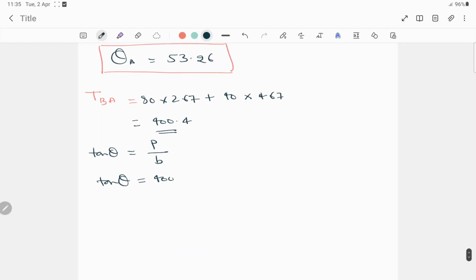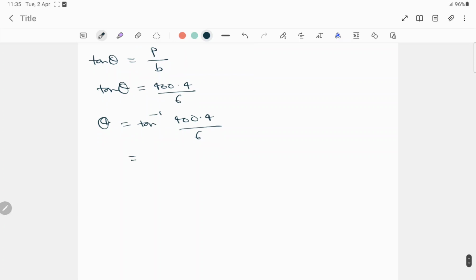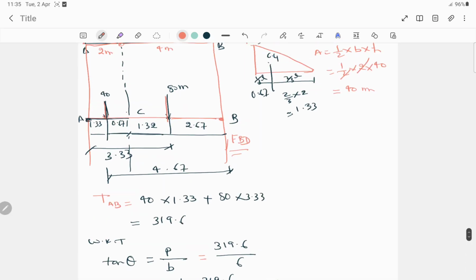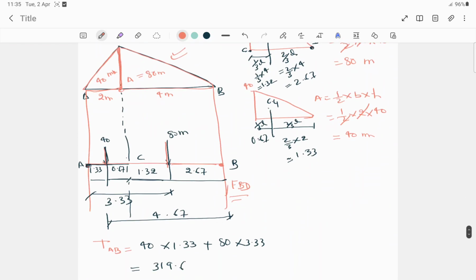So it's 400.4 divided by base 6, so theta will be the tan inverse of 400.4 divided by 6. So now we'll get the value for theta B as 66.73 degree. So theta B is equal to 66.73. Our motive was to find the slope in this case. Okay, thank you.